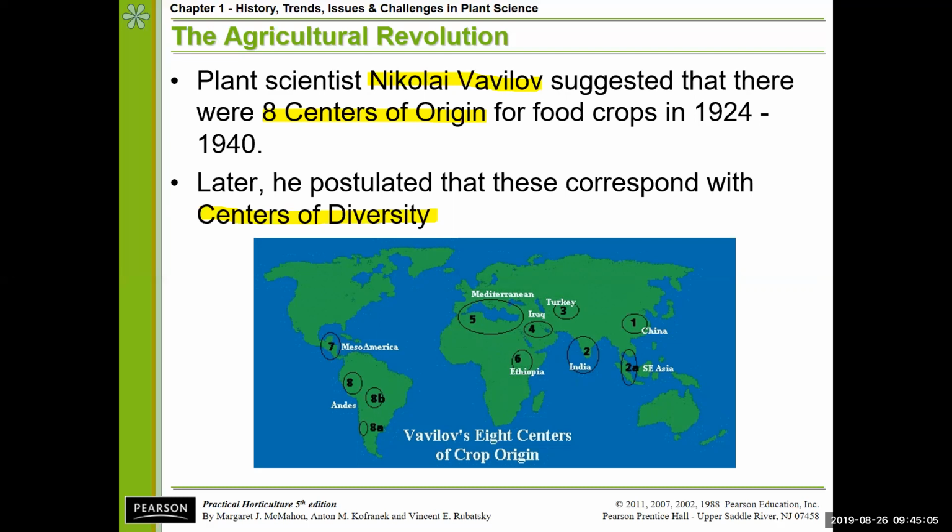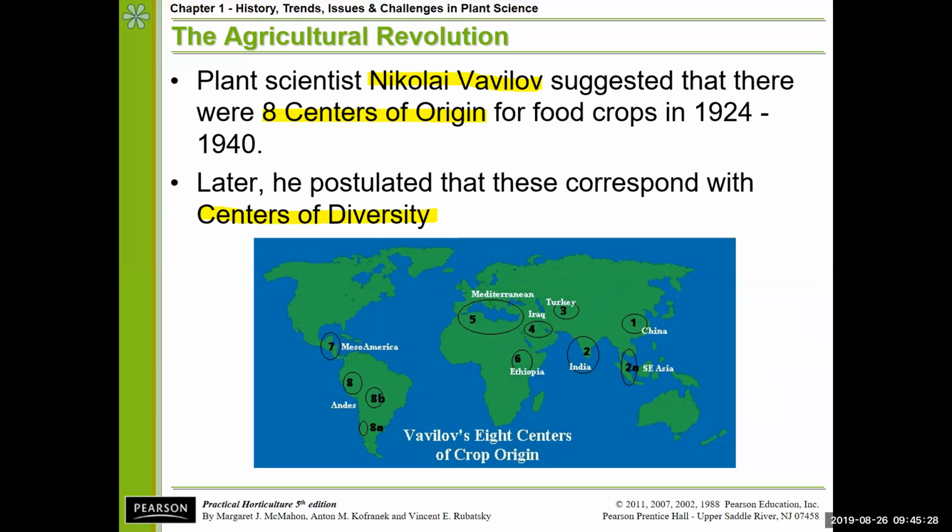And a Russian plant scientist, Nikolai Vavilov, suggested that there are about 8 centers of origin. This is from the research that he did in the early 1900s, looking at where these crops originally came from.